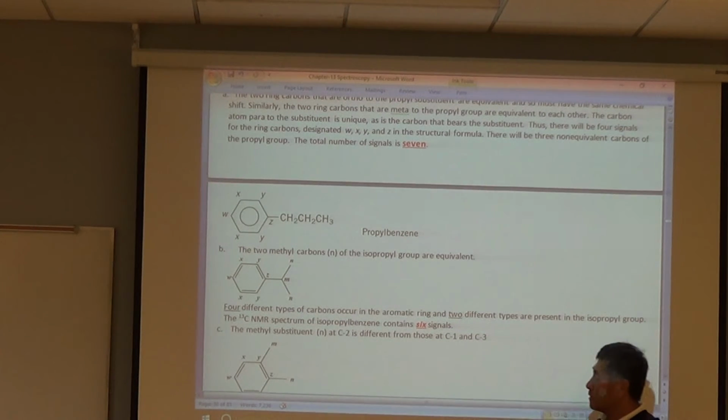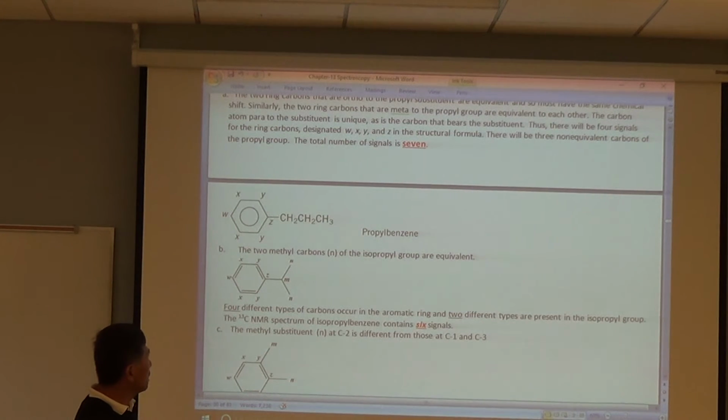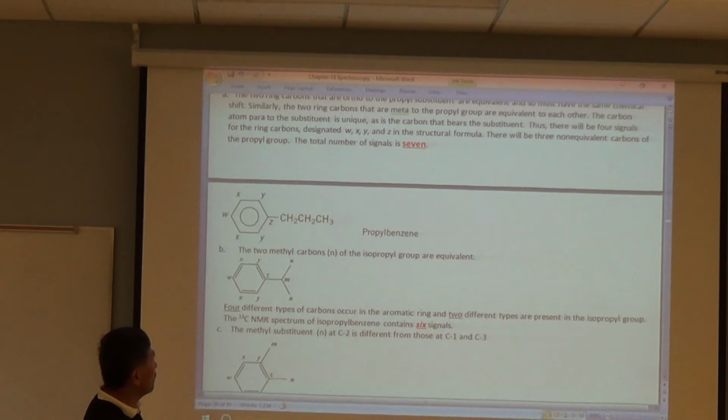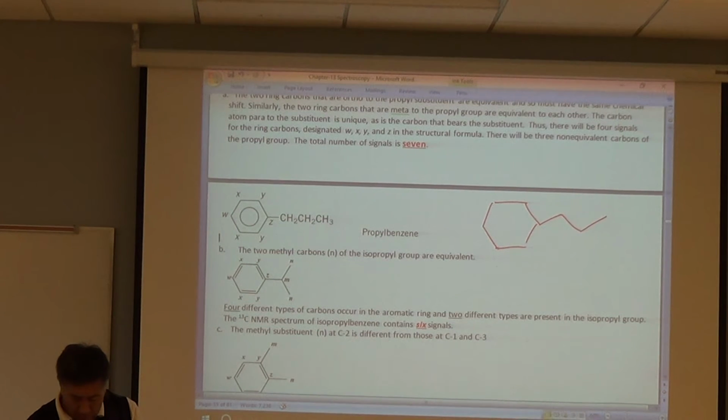Okay? So we label those different carbons with different letters, and you find out about this structure on top, and you will have altogether seven carbon-13 NMR signals, seven lines. The same line comes from equivalent carbons on the benzene. So I just randomly number them 1, 2 to tell you how many signals.